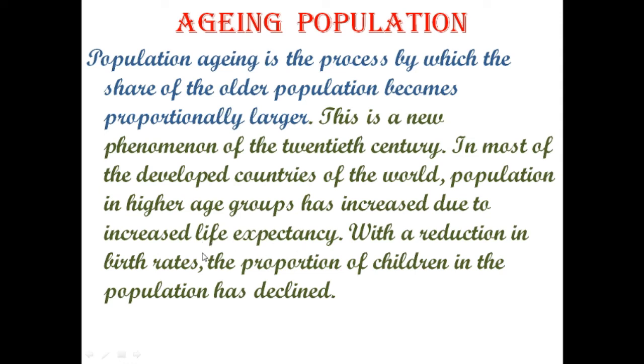We have already discussed in my previous videos what life expectancy is. Please see those videos. With a reduction in birth rate, the proportion of children in the population has declined. It means if birth rate is less, older people are getting more health facilities and life expectancy has increased, that is known as aging population.